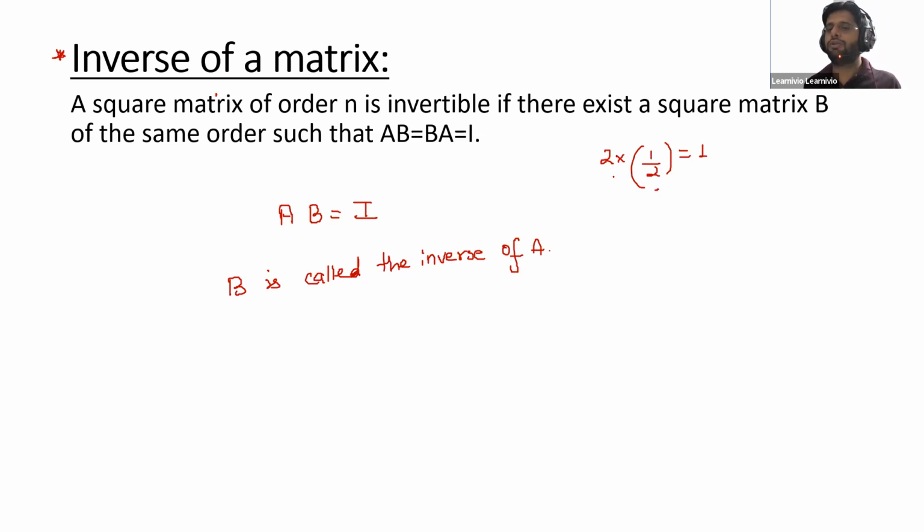So 1 by 2 is called the inverse of 2. Similarly, if we have a matrix A, we multiply it with B and we get identity, then B is called the inverse of A. A inverse is denoted by this, so A inverse is equal to B.